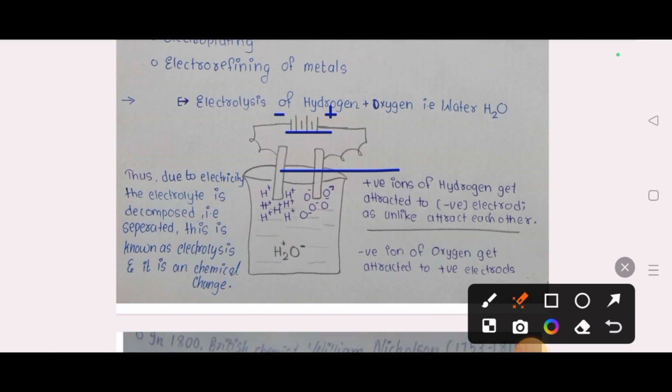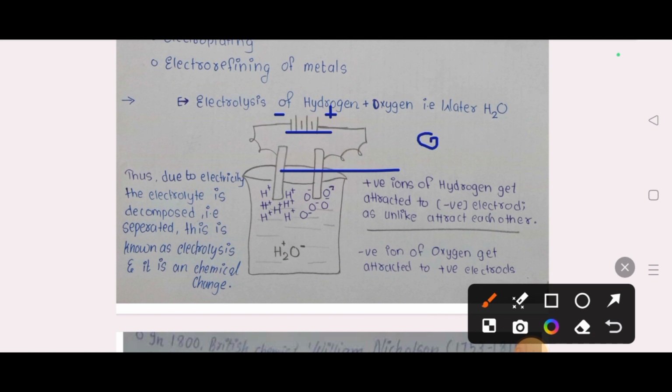Water is composed of hydrogen and oxygen gas. Hydrogen gas is different, oxygen is different. When they combine they form water. So when electric current is passed in water, you will see the hydrogen ions, the cations, meaning positively charged.